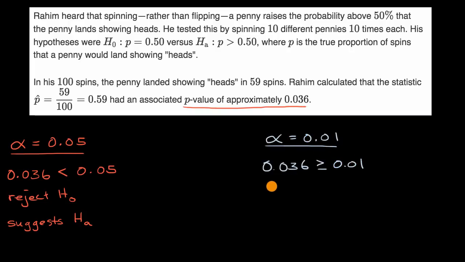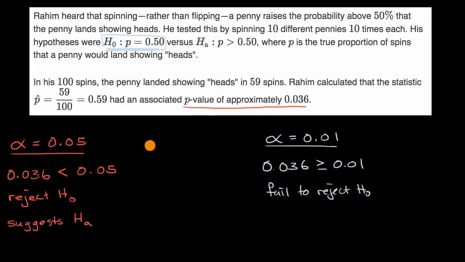And so here we would say that we fail to reject our null hypothesis. So we're failing to reject this right over here, and it will not help us suggest our alternative hypothesis. And so because of the difference between what you would conclude given this change in significance levels, that's why it's really important to set these levels ahead of time.